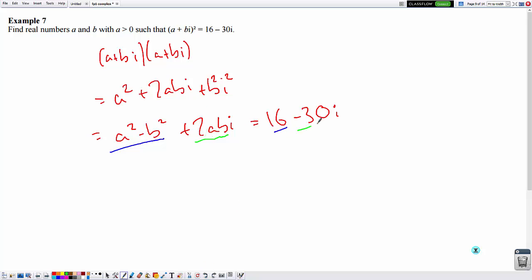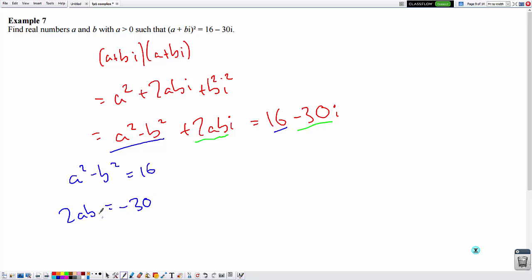So we've got a squared minus b squared is equal to 16, and we've got 2ab is equal to minus 30.